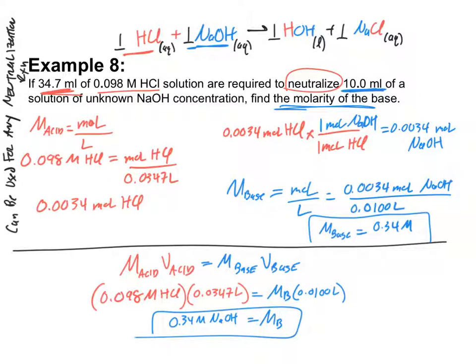So this works really well when the ratio is 1 to 1, when the moles of acid and the moles of base in the balanced chemical equation are 1 to 1.